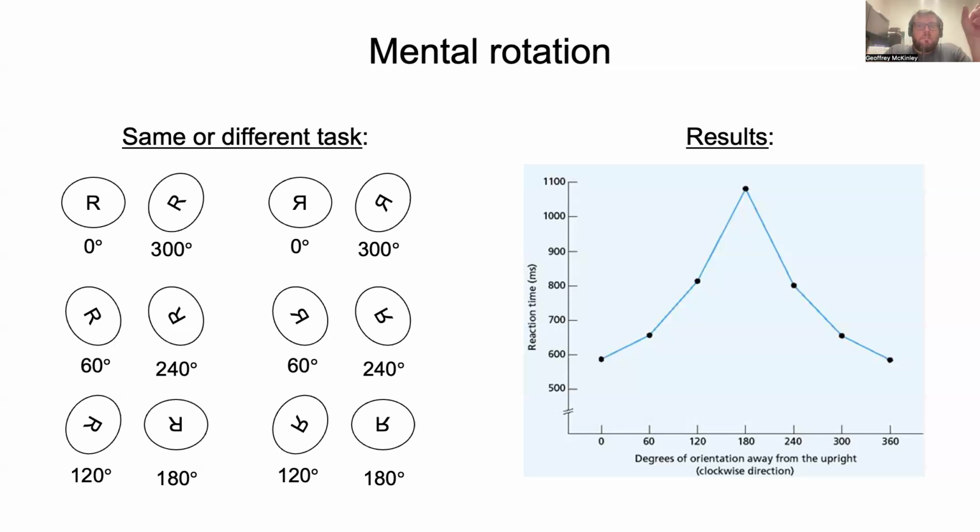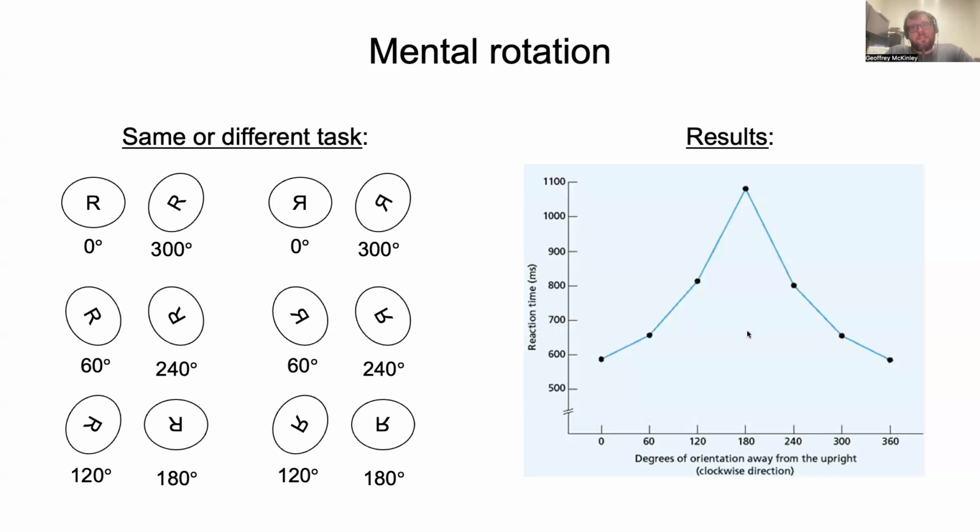So the more you have to rotate one of the stimuli in order to match the other one, the larger that difference in degrees of orientation, the longer it would take, right? Of course, if it was longer than 180, then you could just rotate the R in the opposite direction.